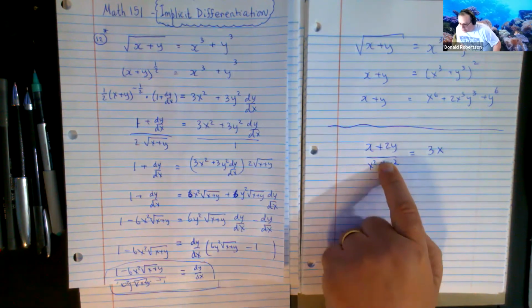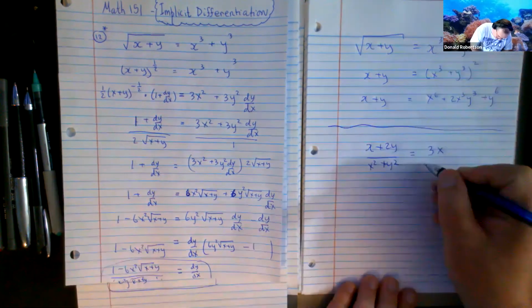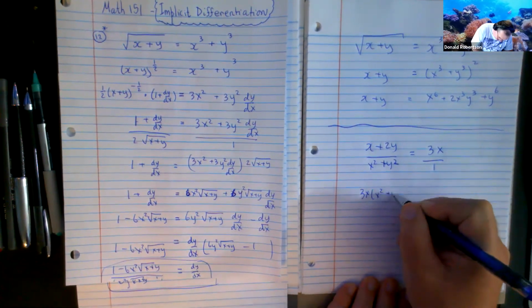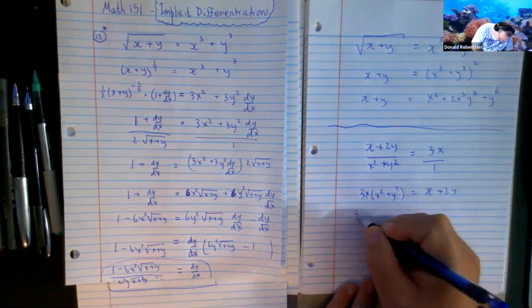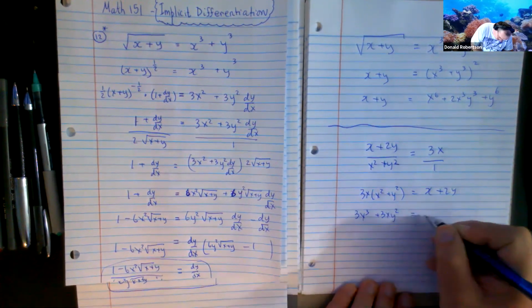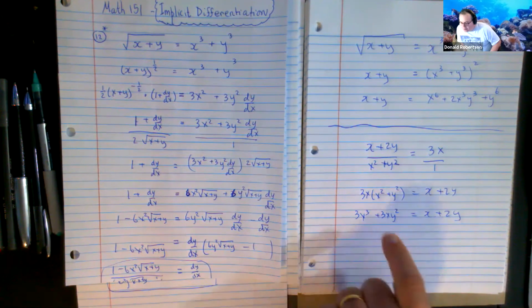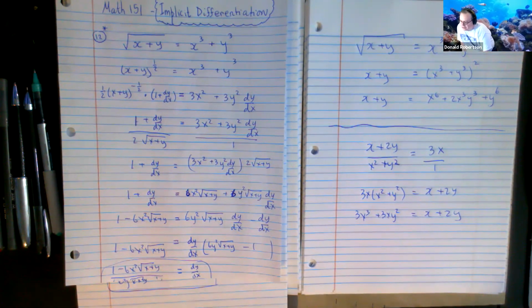It was not a good place to be. Or turn it into that and do that. Would you agree that would be a much easier implicit differentiation to do?